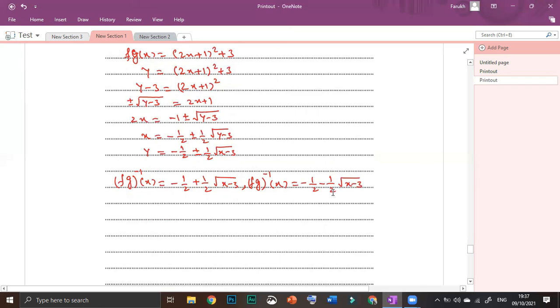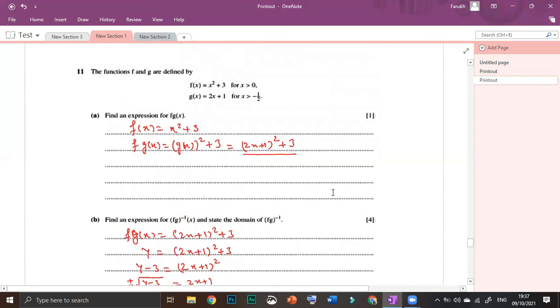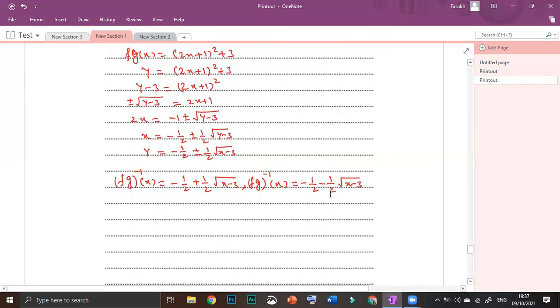Now we will decide which one is acceptable and which one is not acceptable. One function is minus 1 over 2 plus half under root x minus 3, that is values greater than minus 0.5. The other one is minus 1 over 2 minus half under root x minus 3, the second expression.